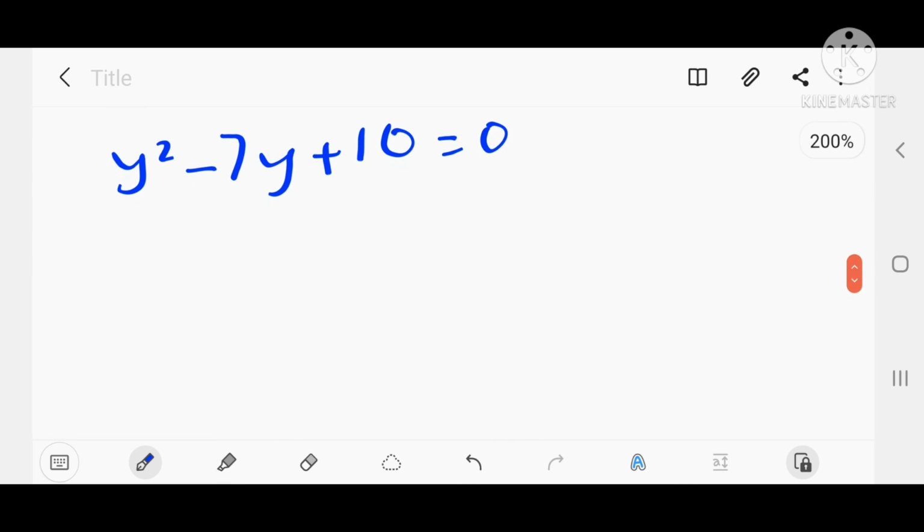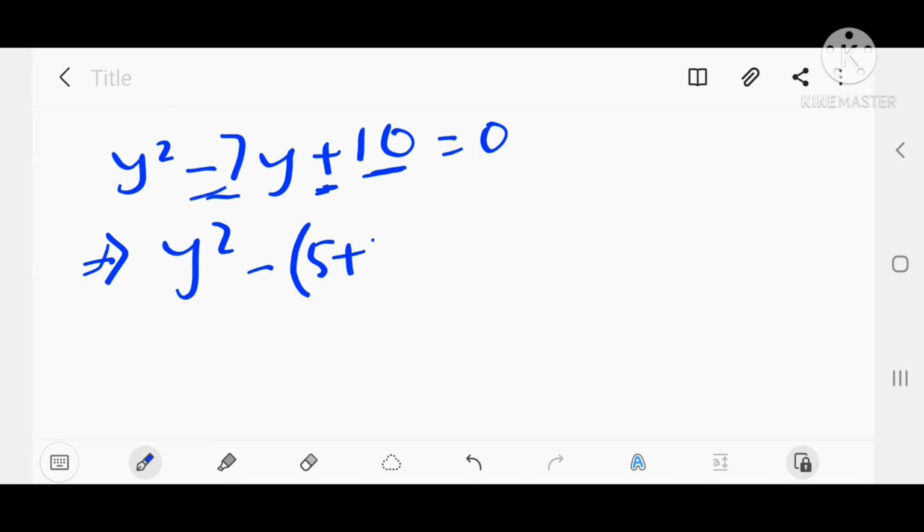For simplification, we find the pair of factors that, since this is addition, add to give 7. That is 5 and 2, so we have y squared minus (5 plus 2)y plus 10 equals 0.